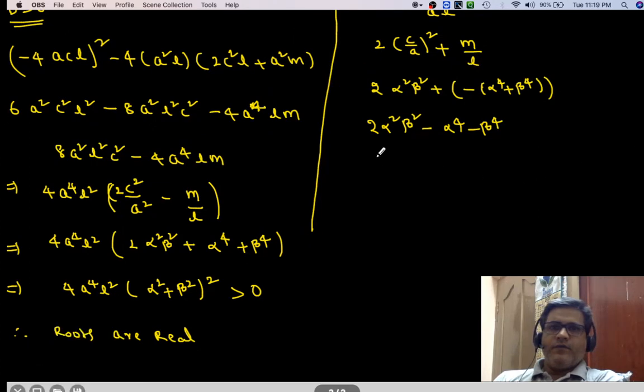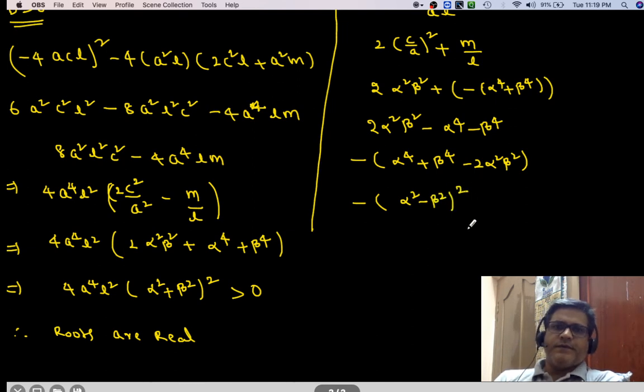Now here, if you take out minus common, then you have alpha power 4 plus beta power 4 minus 2 alpha square beta square, that is minus of, it's a perfect square, that is alpha square minus beta square whole square.